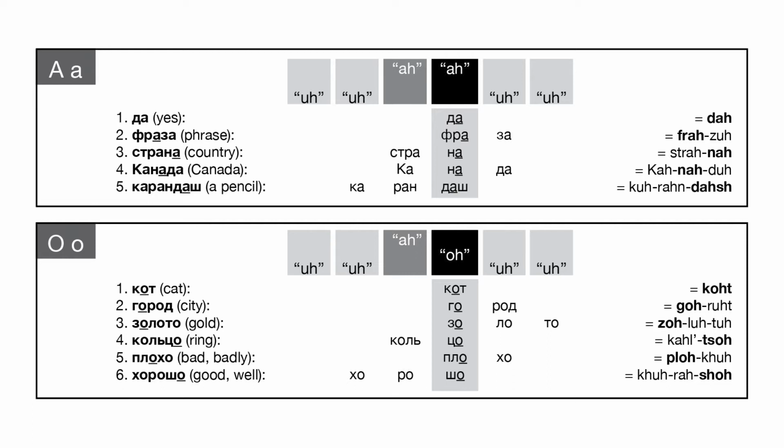Okay, so let's look this over. Let's start with ah and or. Those are the most important, the most conspicuous vowels when it comes to reduction. So look at ah and look at the column there in the middle, the gray column with the black heading. That's the stressed syllable, right? The stressed syllable in each word is falling into that column. So there, of course, we're going to pronounce the ah, give it its due treatment and pronounce it clearly.